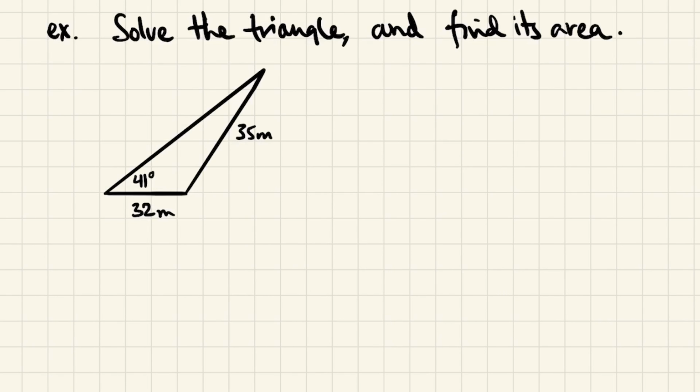Okay, which means that since we're given the 32 meters down here, we're able to use the law of sines to find the angle opposite that 32 meters. And from that point, we will have 2 angles, which means we'll be able to use the 180 degrees trick to find the last angle, and then finally the law of sines one more time to get that third side. So, all right, we have our work cut out for us.